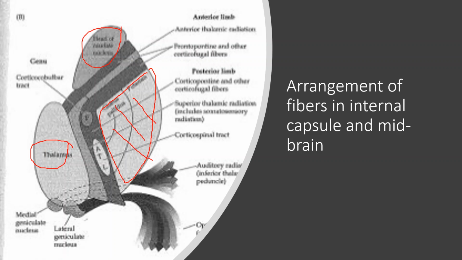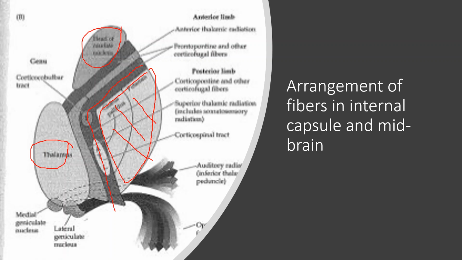So this is lateral, this is anterior, this is medial. So what you see here is the internal capsule. This is the anterior limb, the bend which is the genu, and the posterior limb.